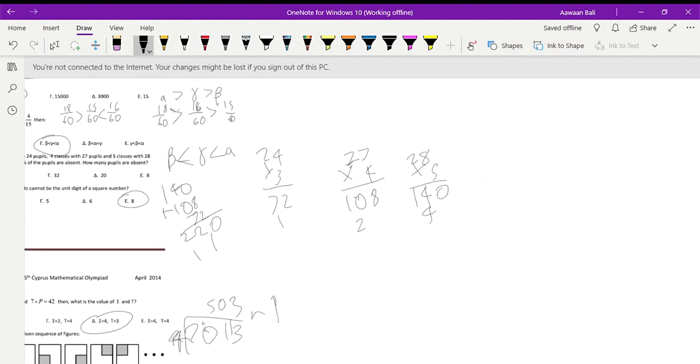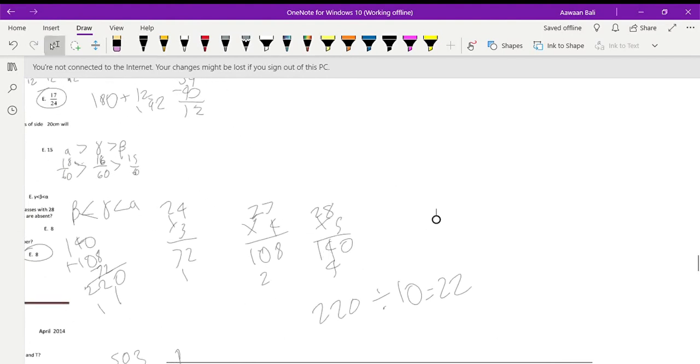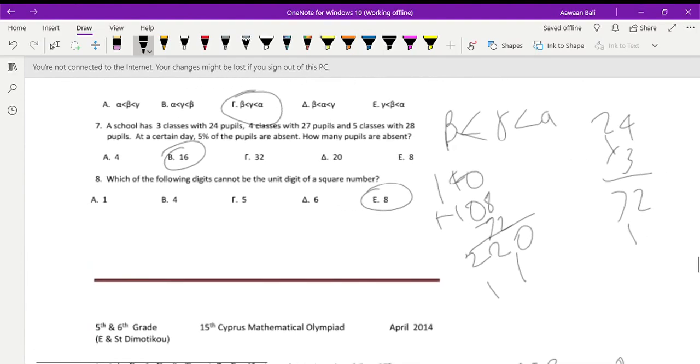So 5 upon 100 basically you could say. But the easier way is to find 10%, which is dividing by 10. So 220 divided by 10 is 22. And then halving it, since half of 10% is 5%. Since half of 10 is 5, obviously. So 22 divided by 2 is 11.